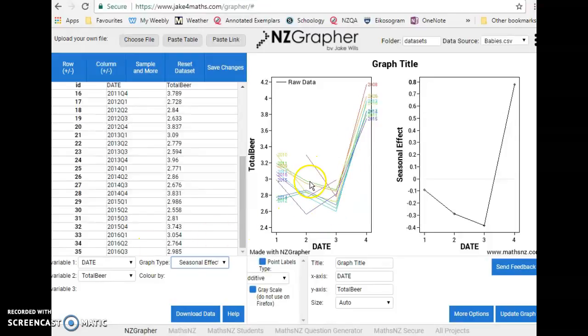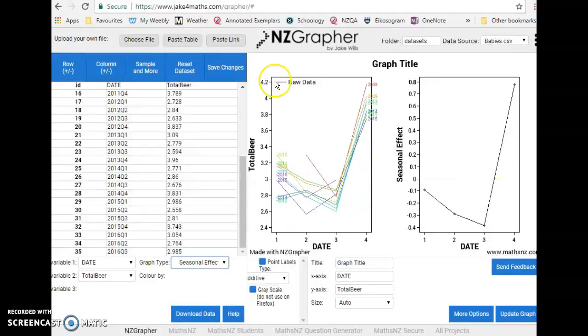So there's 9 different graphs, if I counted them, all cropped on top of each other in this picture here, each representing a different year between 2008 and 2016. What this graph here is, is an average of the 9 different years.